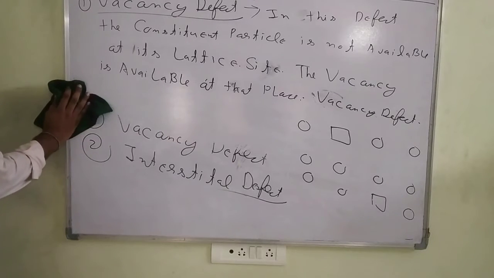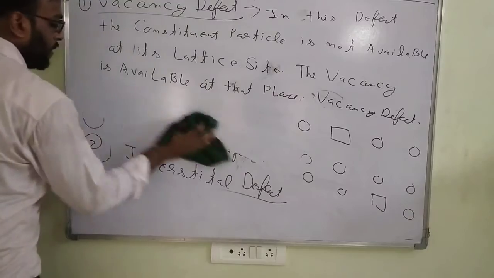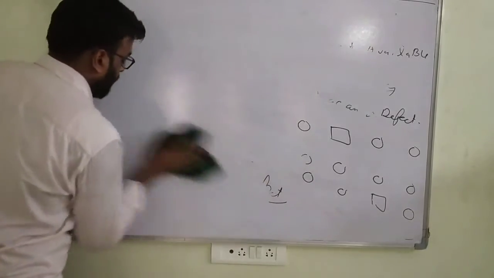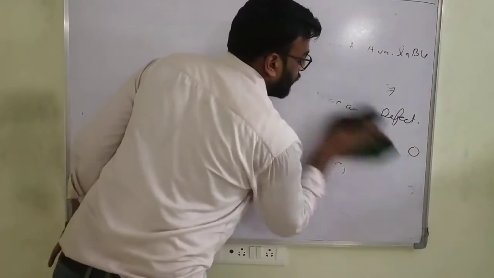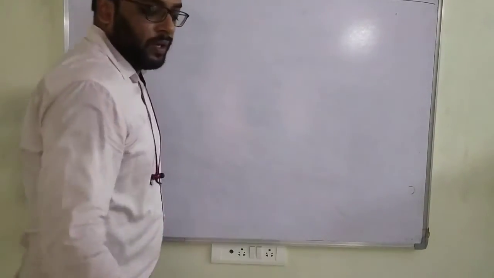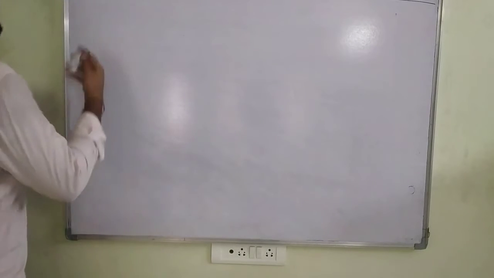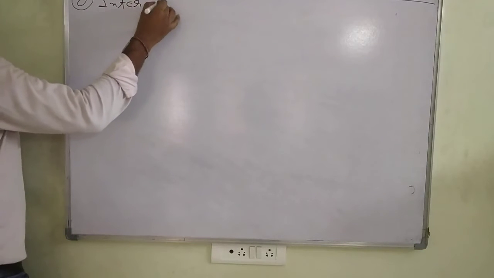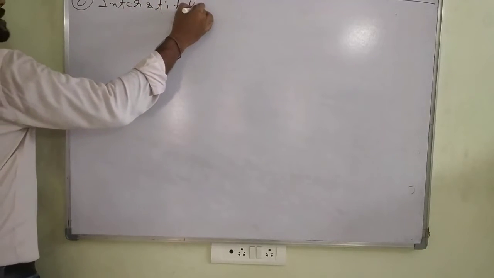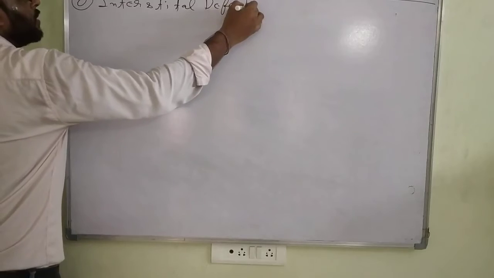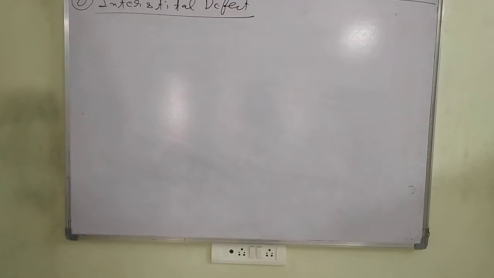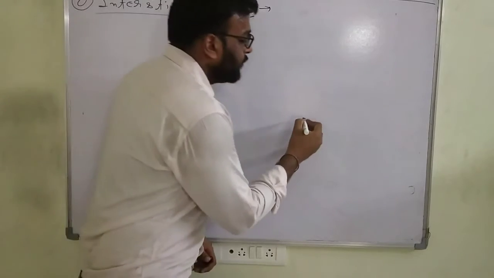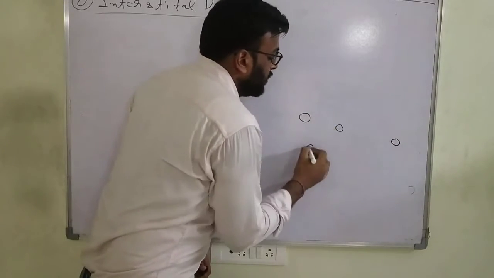Next is the interstitial defect. Okay, what is interstitial defect? The second one is interstitial defect. First of all, understand what is an interstitial site. Suppose I am making a diagram like this over here.